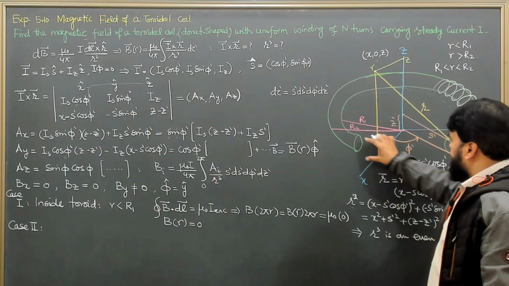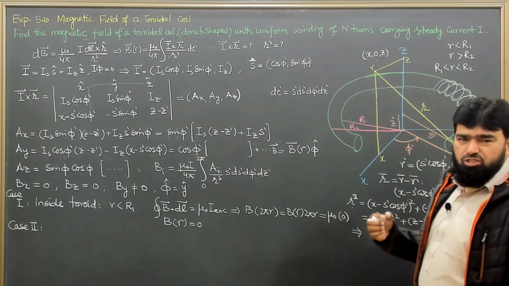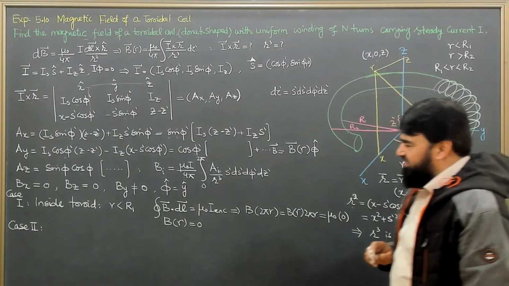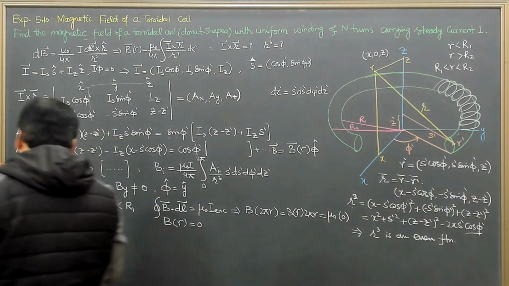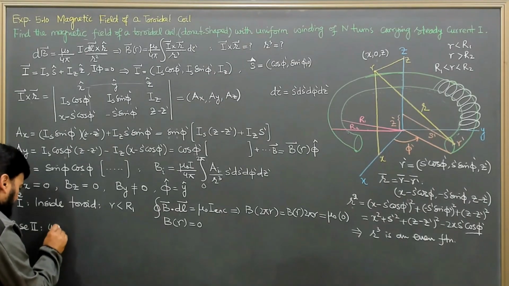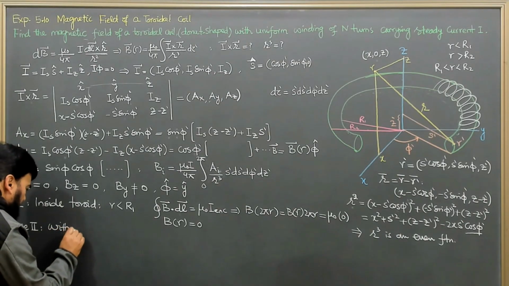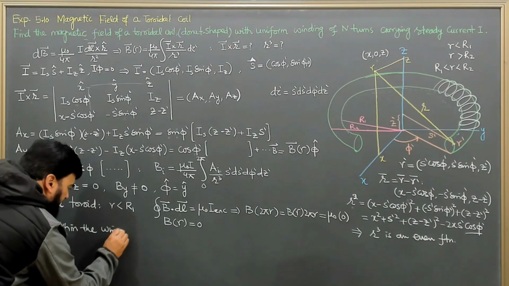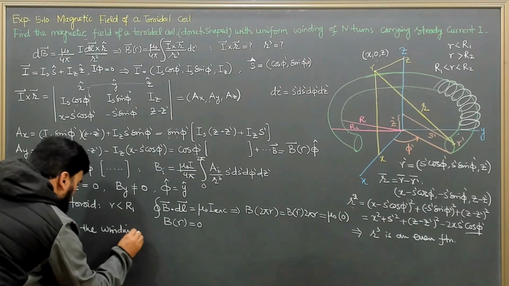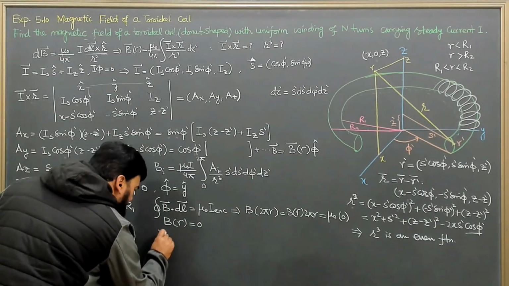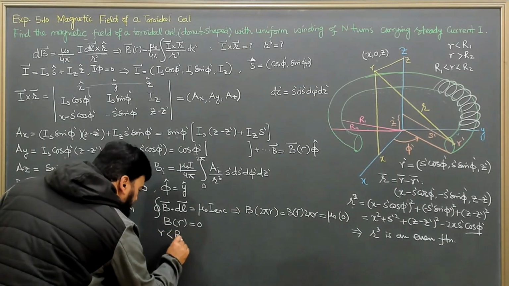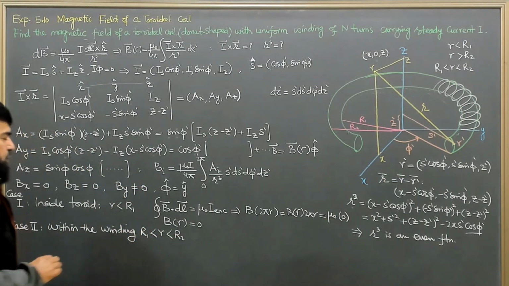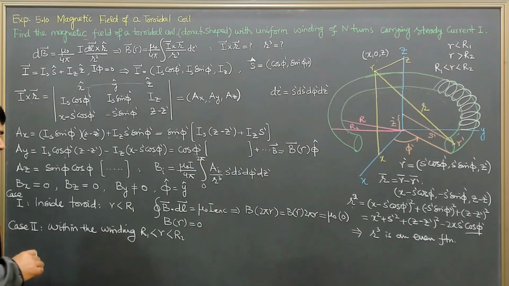I have stopped it here just to show it in 3D, although my figure is not that good. So within the winding, R is between R1 and R2, greater than R1 and less than R2.